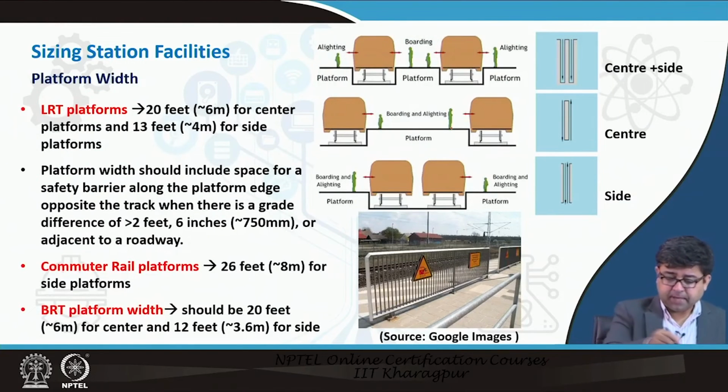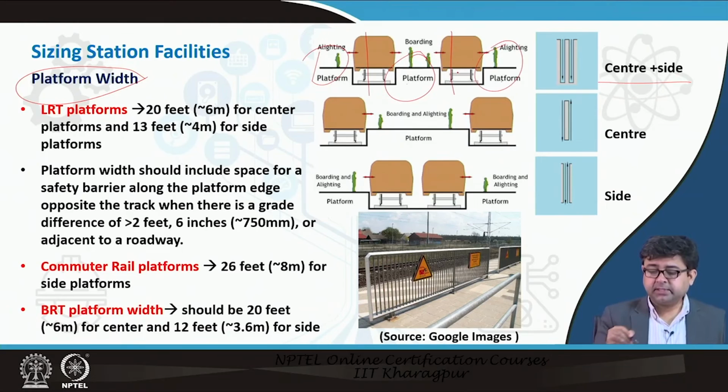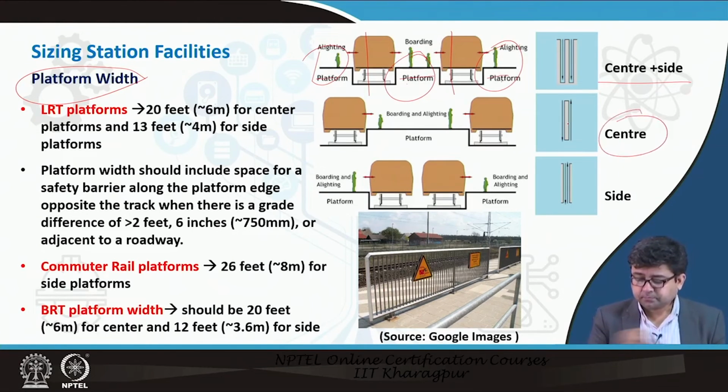Platform widths can be different based on how platforms are oriented. If you have a center plus a side platform, so if your two rail lines are here and you have a platform here and also two platforms on the other side, then the width of each platform would be different, versus if you only have a center platform where both of these lines are served by only one platform.